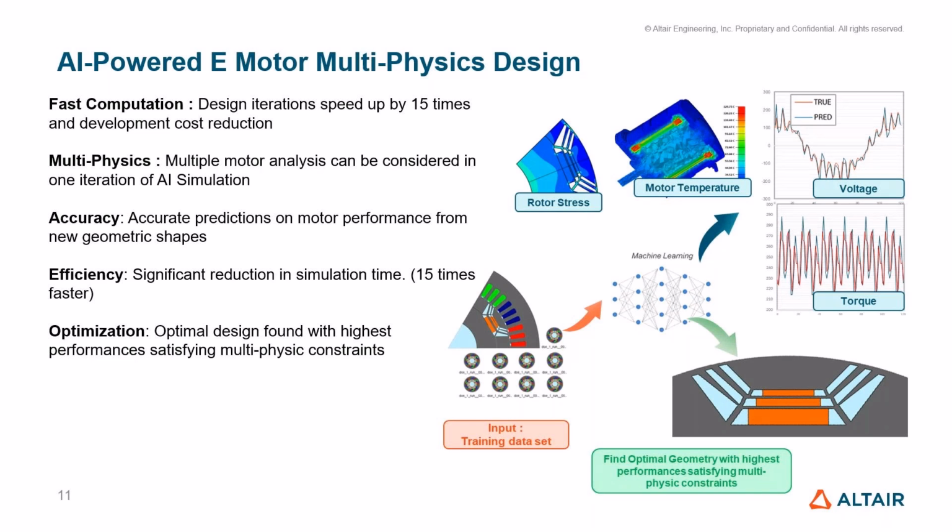So it's more accurate, and we can get the optimum design that we can rely on, that it is a good design with respect to all the physics that we have considered. And these are the two case studies that I have on using physics AI for motor design. Thank you.